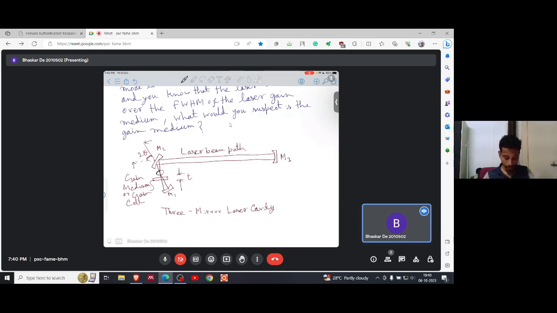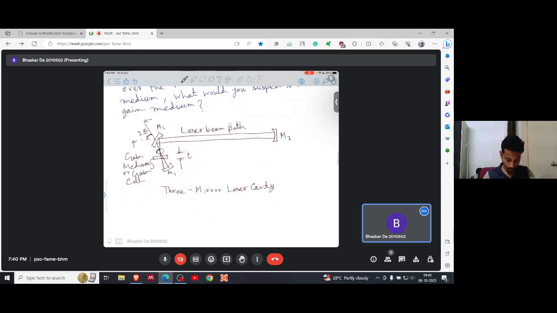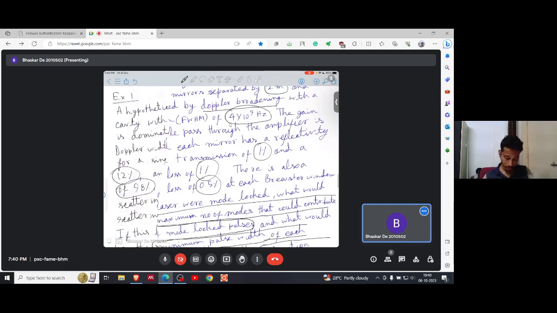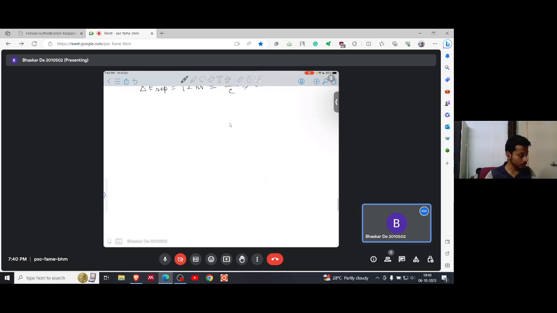That means that the focal length is equal to the distance between mirror and gain medium or cell.